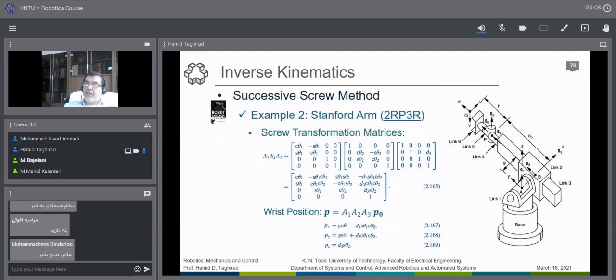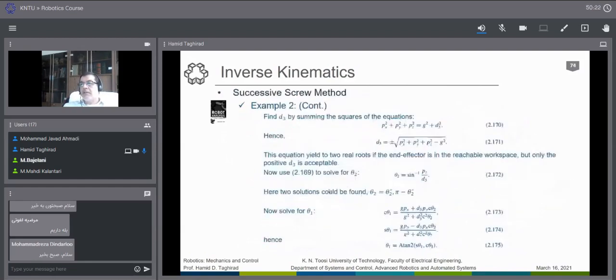And theta 1, if we have theta 2, if we have the D3, we have cosine of theta 1, sine of theta 1, two equations, two unknowns. For cosine and sine, you can just simply solve for these two equations. This is a linear equation.